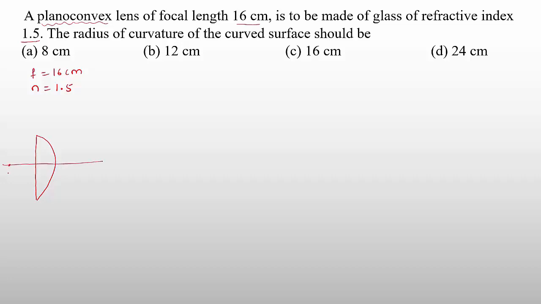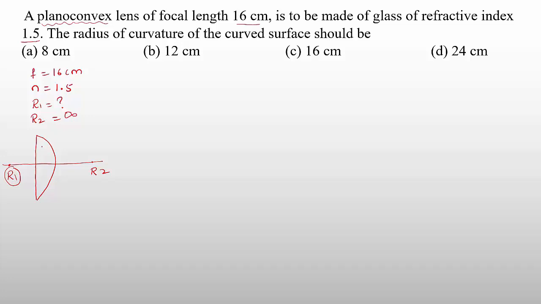Here we will get R1, here we will get R2, right? So we have to calculate the radius of curvature of the curved surface, that is R1. Then what is the value of R2? R2 is the radius of curvature of the plane surface. Remember, for the plane surface the radius is at infinity, because this is a plane surface.